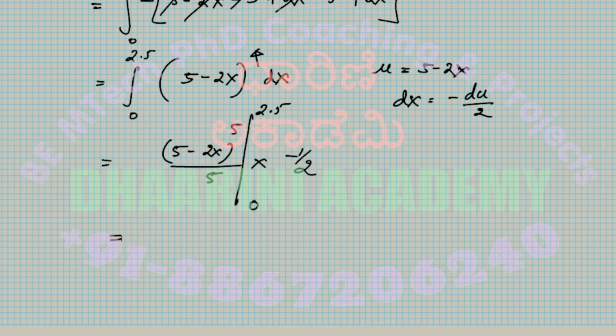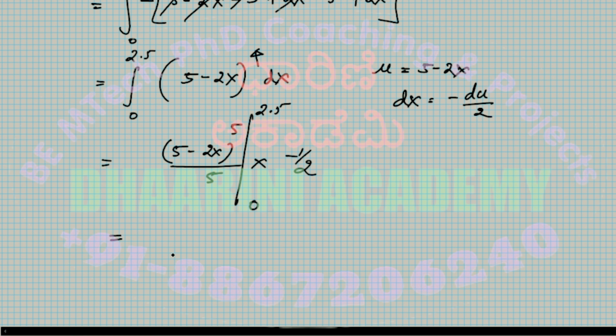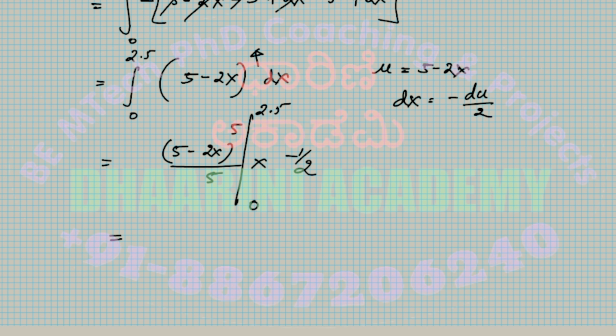That's all. So that means the calculation goes like this: 5 minus 2x raised to the power 5. What's the answer you are getting? How much? 5 minus 2.5.